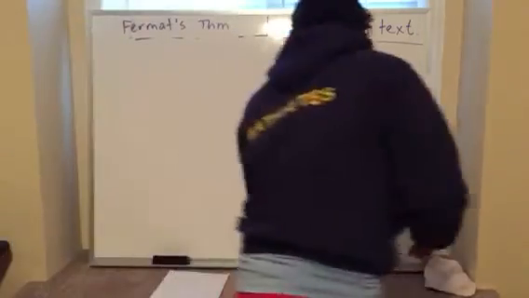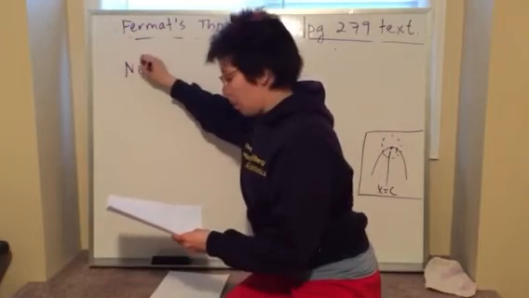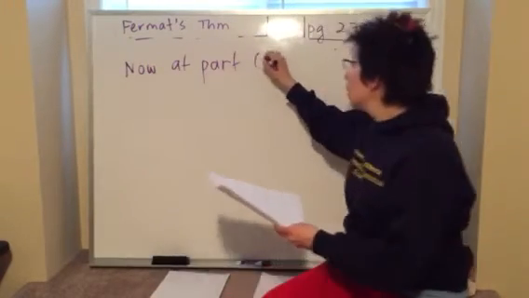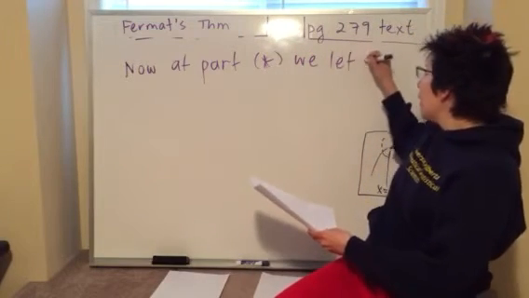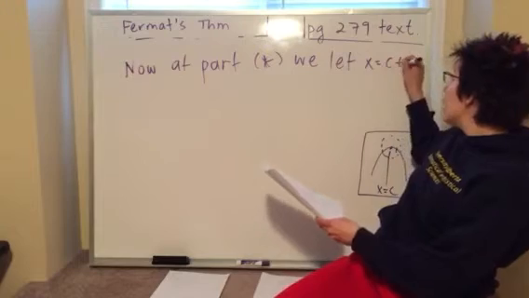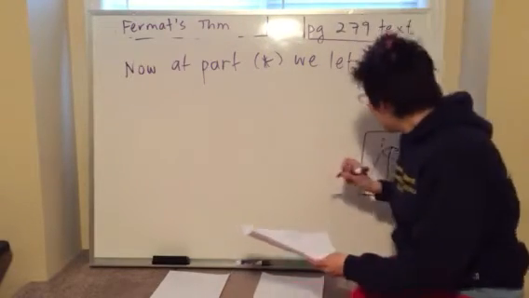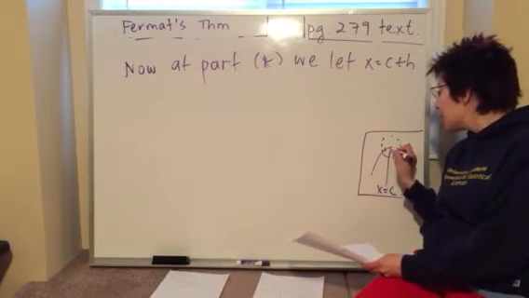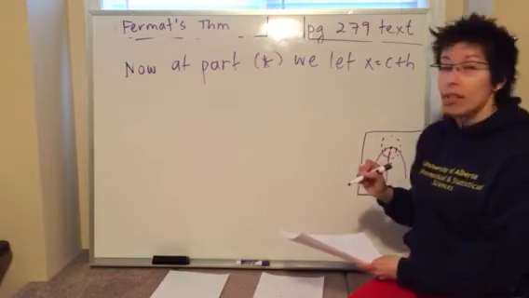So, now, at part star, we are going to let x equal c plus h the same way we did before at star, but this time we're going to do it so that we have a value over to the left of the max. That is, we need h to be negative and small.